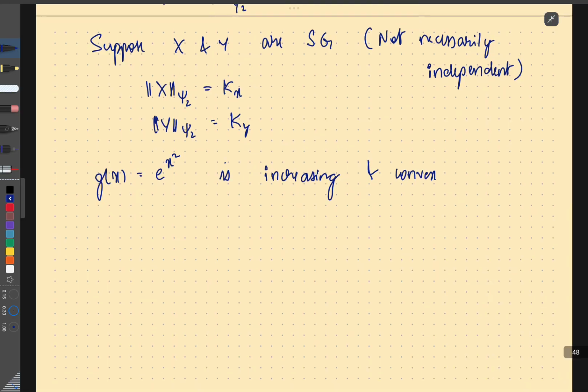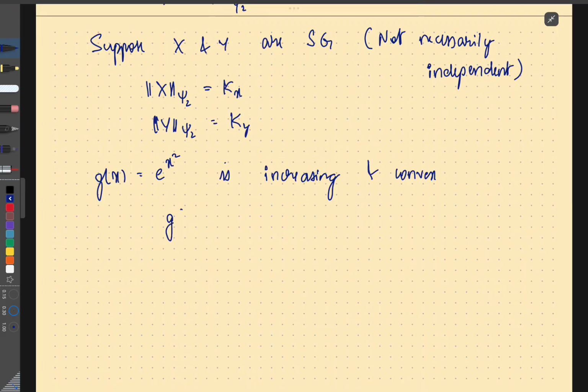And so this is an increasing and convex function, and therefore you can use Jensen's inequality, but at the same time I don't even need the full power of Jensen's inequality.